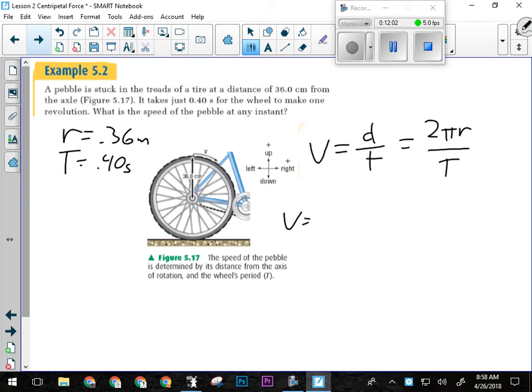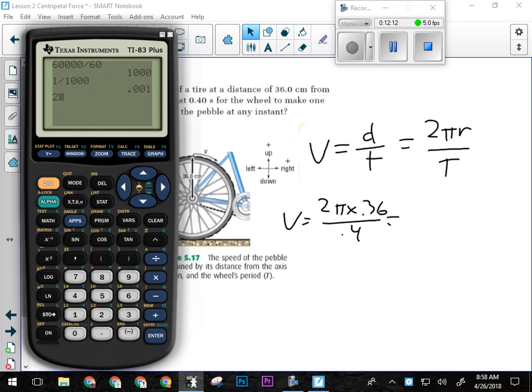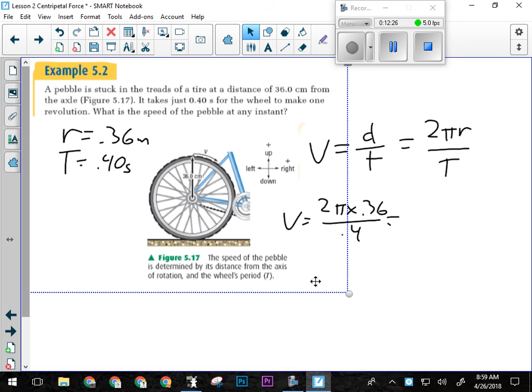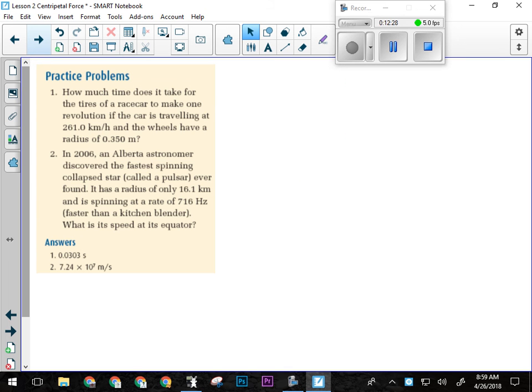So v equals 2 times pi times 0.36 divided by 0.4. All right, so it's moving at 5.6, 5.7 meters per second at any one time. These are all the kind of basic calculations that we're going to need to be able to do in this unit.